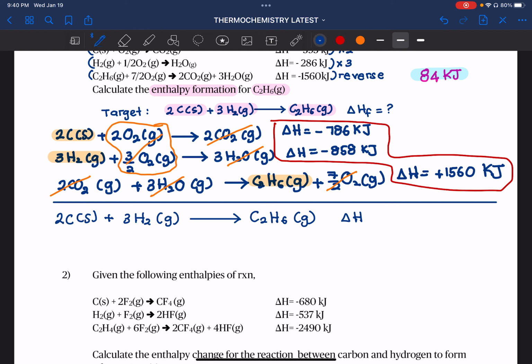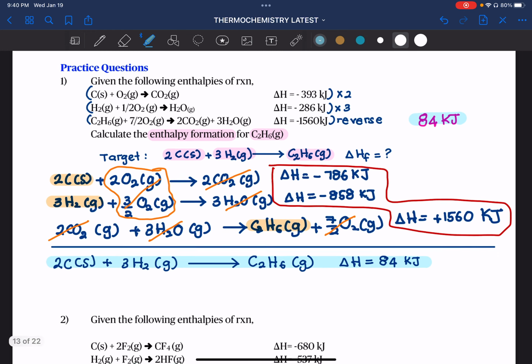So dia lagi senang lah daripada energy cycle method. Okay, bila kita tambah semua, you should get 84 kilojoule. Okay, unit dia, you follow dekat atas ni ya. So, kalau dia bagi kilojoule per mole, dekat sini kilojoule per mole lah. So, basically, this is our answer.